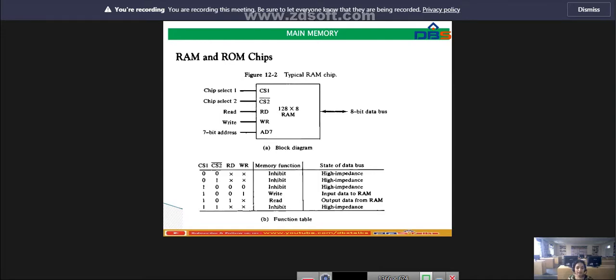RAM is used for storing the bulk amount of programs and data that are subject to change.